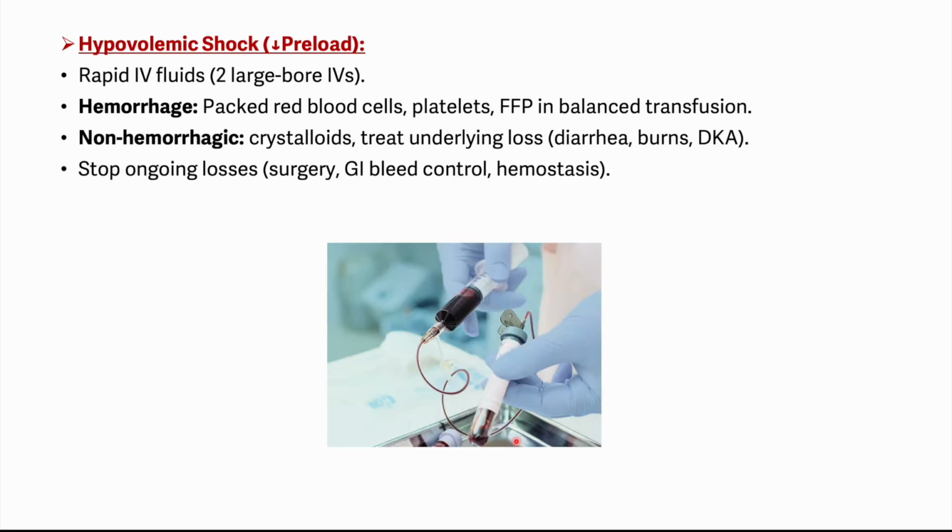Then in hypovolemic shock, the priority is fluid replacement. In hemorrhagic cases, transfuse blood products and stop the bleeding surgically or endoscopically. In non-hemorrhagic cases like diarrhea, burns, or DKA, crystalloids and correcting the cause are sufficient.